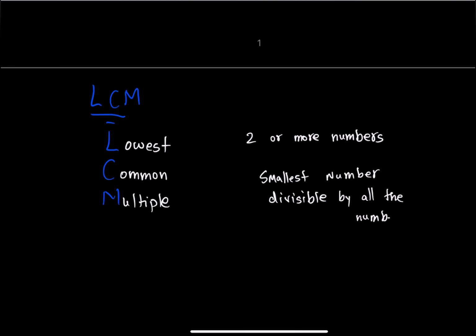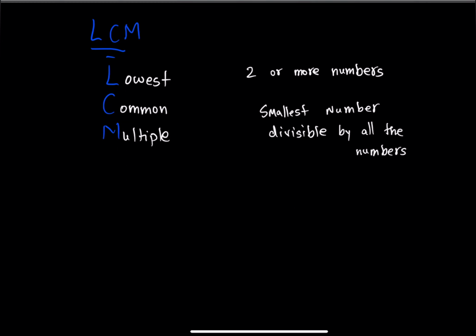So if that's a bit confusing, think about it this way. Let's say we had the numbers 2 and 3. Or let's take a different example. Let's talk about 5 and 6. So what is the smallest number that is divisible by both of these numbers?